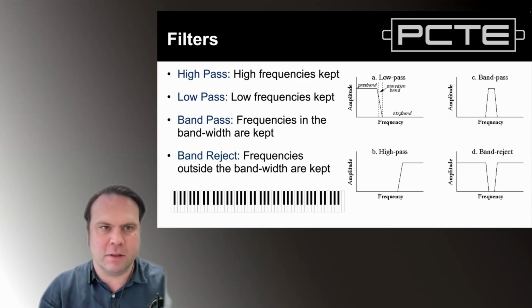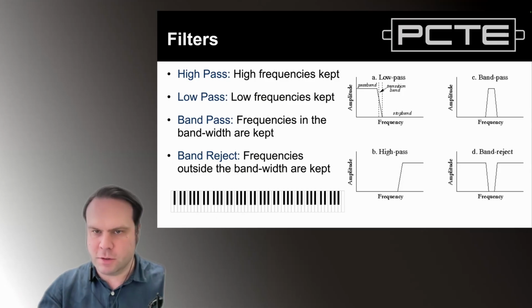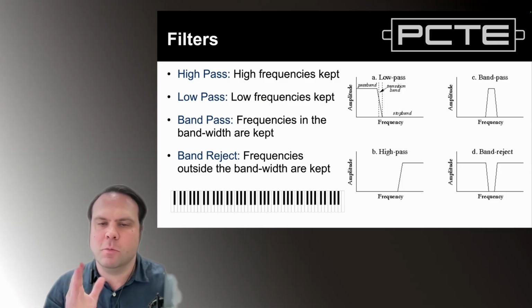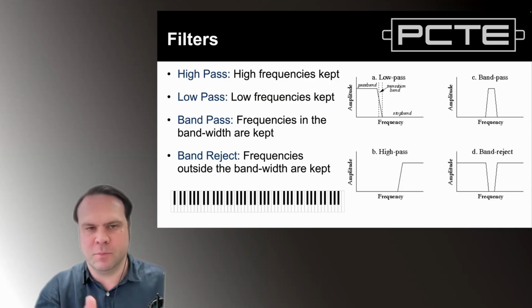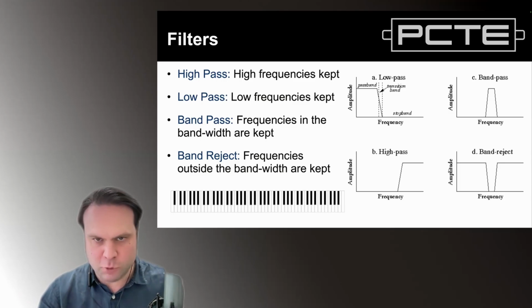And the low pass filter does the opposite. It passes the low frequencies and it attenuates, reduces, stops the higher frequencies. So with impact echo, what we want to do is attenuate our low frequencies. So we use a high pass filter as the main tool for our processing.